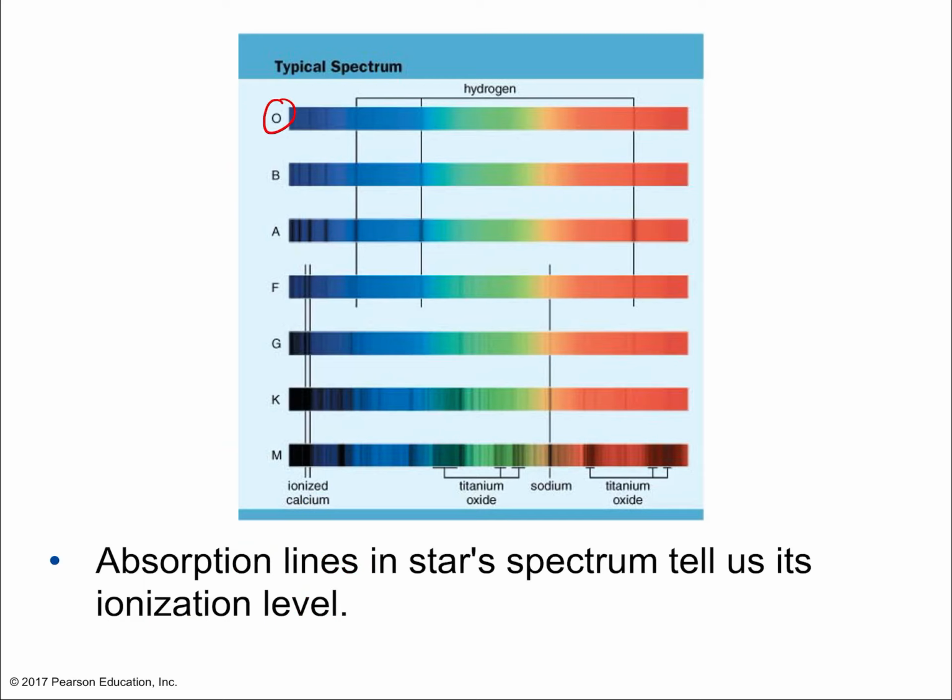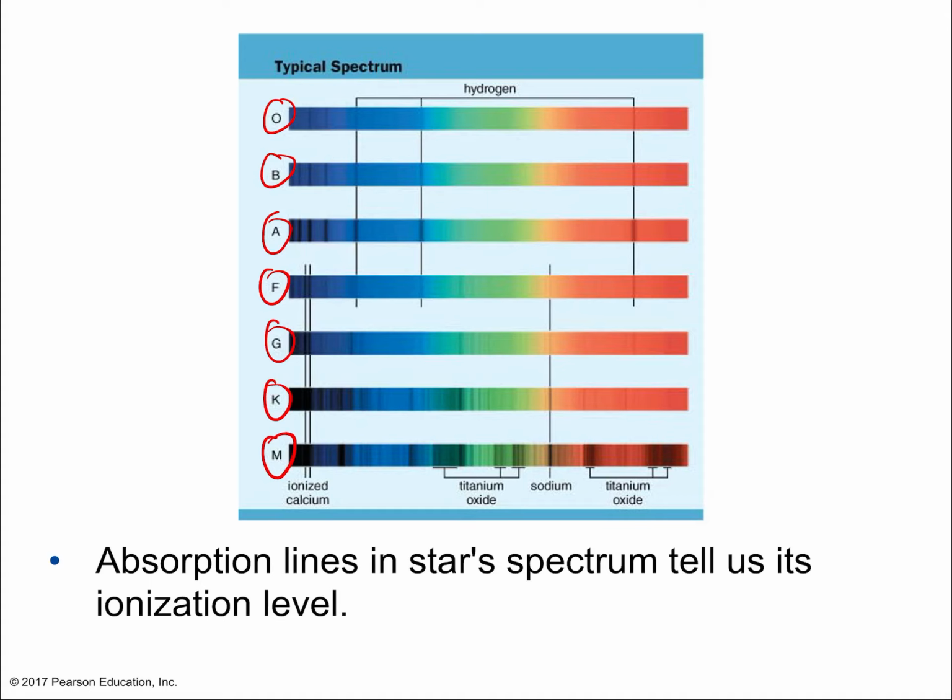There are O, B, A, F, G, K, and M. Those are the types of stars, and they go from the hottest to the coolest. Furthermore, there are other types of stars that aren't these; these are the ones we're going to start with, and we're going to add a couple more. The ones we add are actually easier to remember. These are the harder ones to remember.